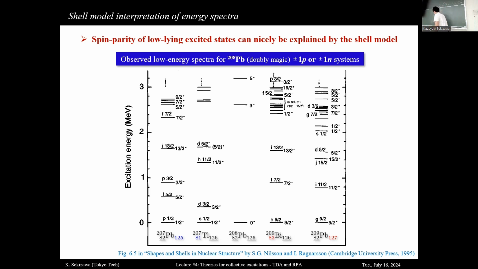And also, again, the next intruder. The intruder will be positive parity, and next to h, it means i. So the i13/2 orbital should be coming from the upper shell.